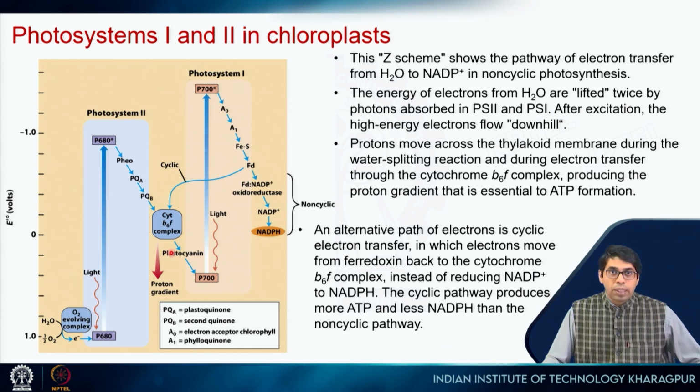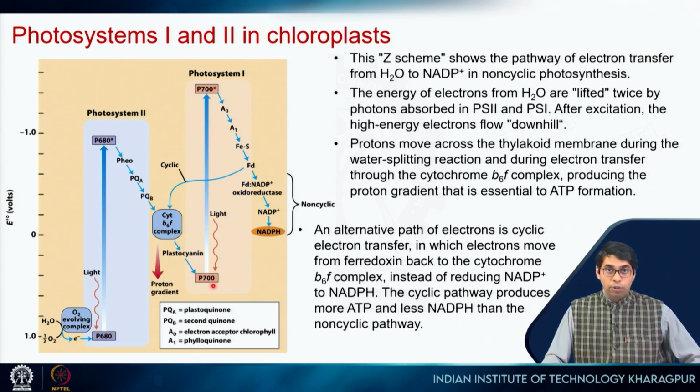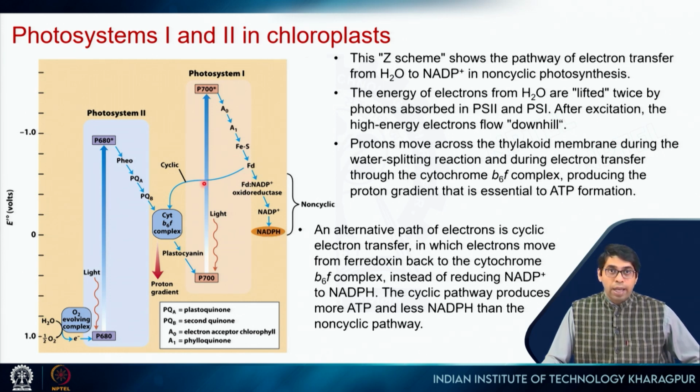That is shown here. So, this is your plastocyanin, right. Electrons are handed over to the plastocyanin which carries them to photosystem 1 and there the second absorption of a photon excites that electron further and then again it goes through these downhill processes. It can end up in NADPH or it can be handed back to this complex.